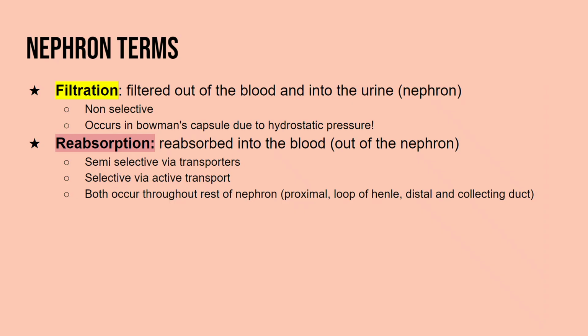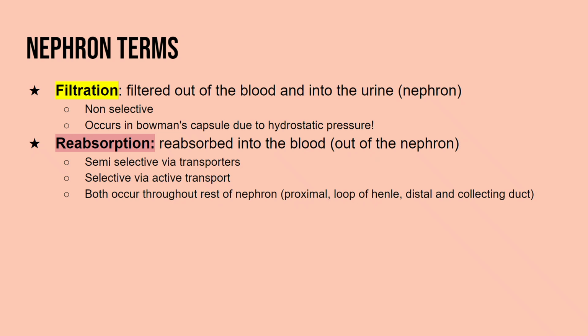Okay, so 2 major terms to keep straight while we're talking about this stuff are filtration and reabsorption. Filtration refers to stuff leaving the blood and entering the tubule in the nephron. So filtration: leaving the blood, entering the urine.